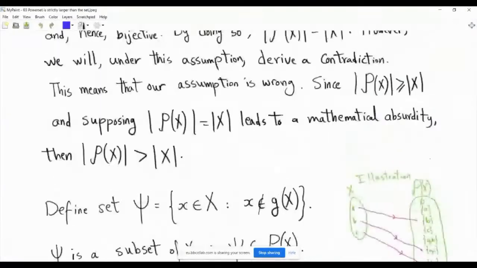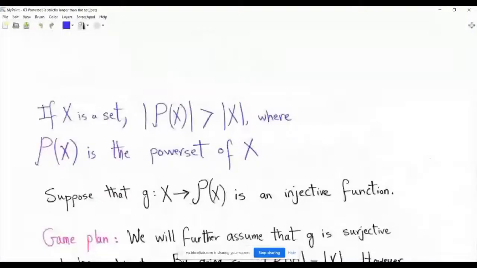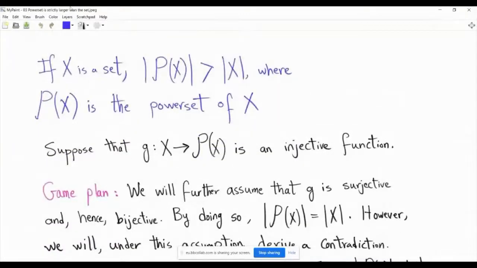We should try to prove that the cardinality of the power set is strictly larger than the cardinality of the set itself. So how will we prove this? We will do a proof by contradiction. In homework 1, maybe in 2 places, you will use a proof by contradiction.